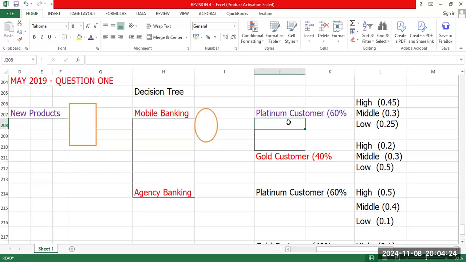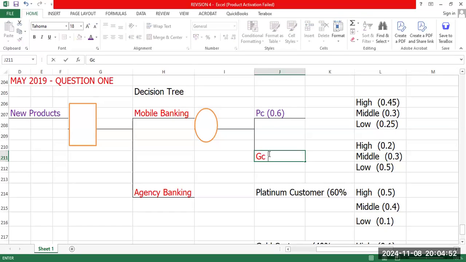Remember, our platinum customers are represented by PC, and the probability is 0.6. And the gold customers are represented by GC, and the probability is 0.4.